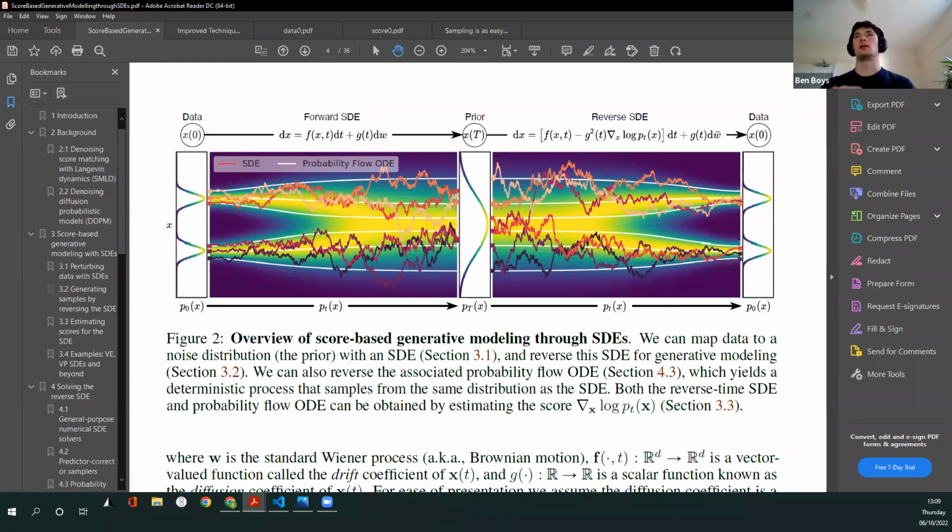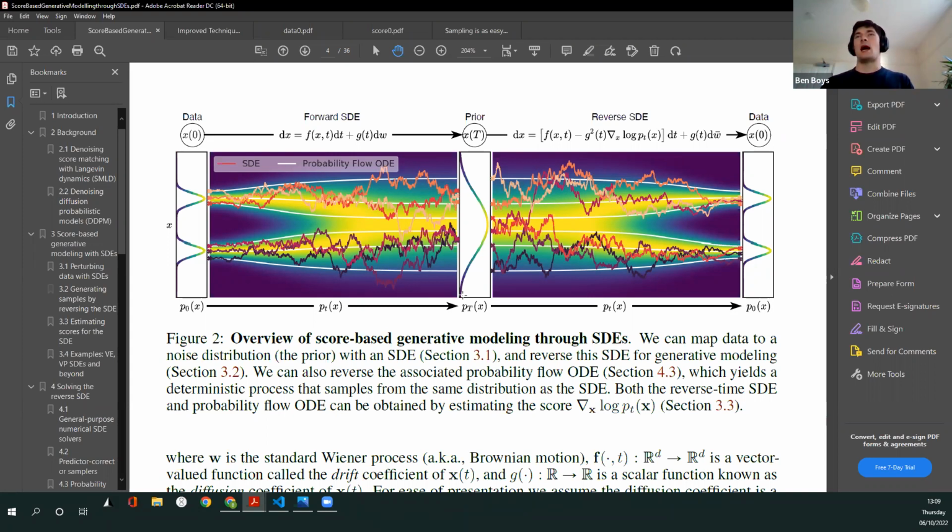And so you can think the more you refine this time axis, the more you'll be able to explore the space so that you can eventually converge on the prior distribution, because there's kind of three sources of error in score-based generative modeling. One of them is how well you approximate the score with a neural network.